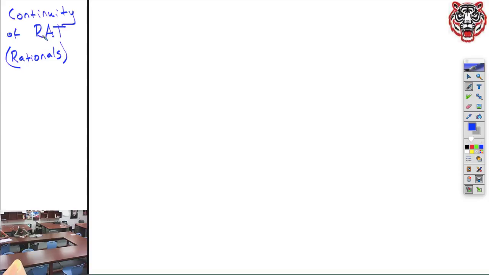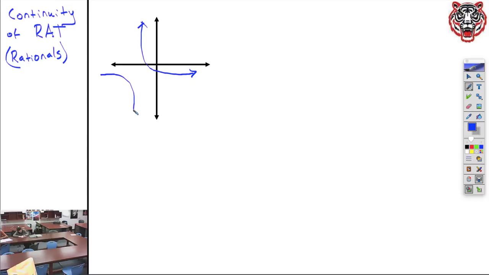Things that have fractions. Okay, so let's look at just an example graph here. Nothing really that we can label about this aside from the fact that I'm going to be drawing my own type of function. So this function has a vertical asymptote there, horizontal asymptote there, and kind of the same thing goes like that.